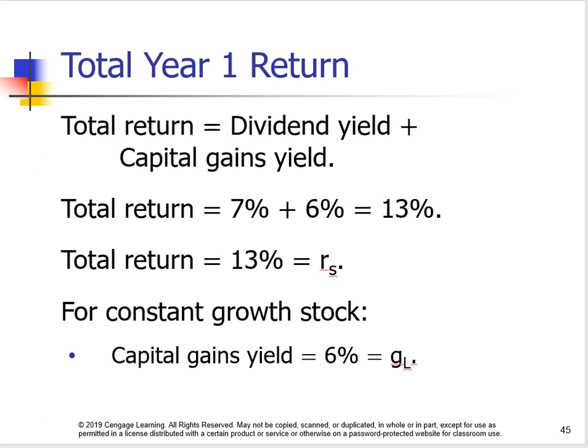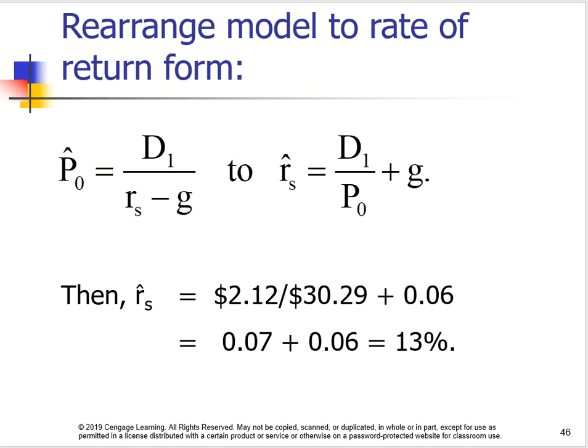That's what this says. The total return is equal to the dividend yield plus the capital gain, and the total return of 13% is the required rate of return for a stock of this risk as represented by a beta of 1.2. So we can rearrange this constant growth model to solve for R instead of P. The expected return on a share of stock is equal to the dividend yield, D1 over P0, plus G, which is the capital gain.